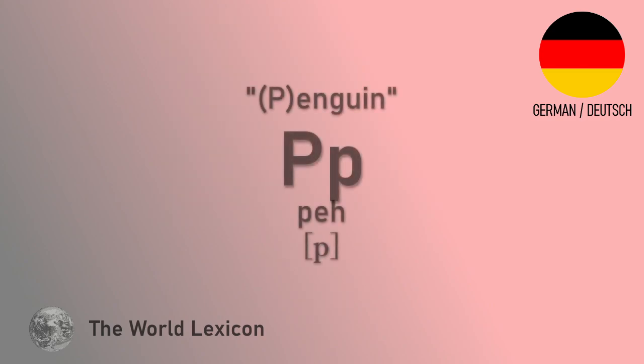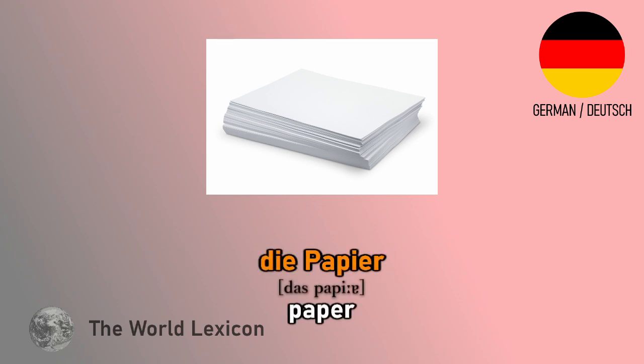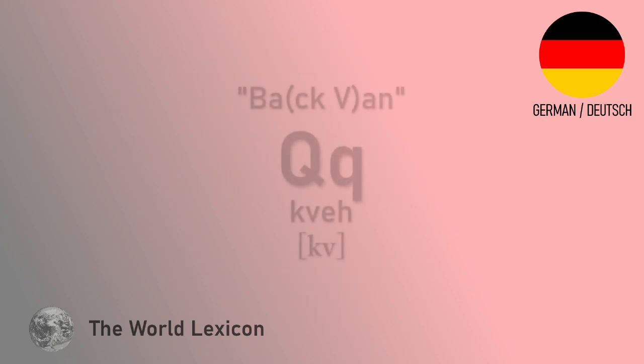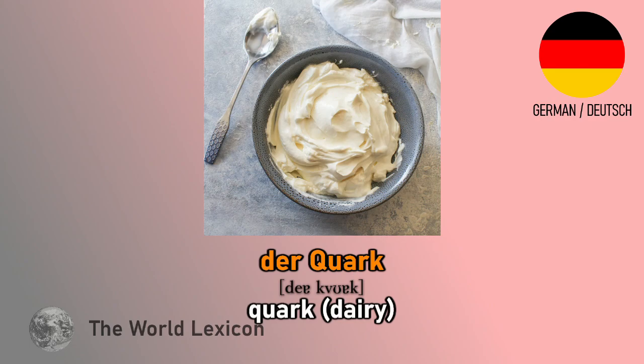This is P. Das Papier. This is Kve, and it's kind of like K and V next to each other in English. Der Quark.